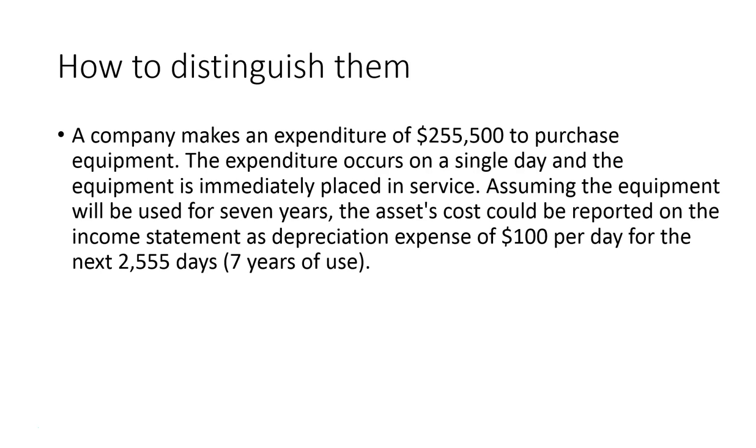Whereas at the fund level, where we're looking at the current flows of resources, both in and out, we're looking at that single payment, that single $255,500 check that was written, or the cash payment that was made. So full accrual, we worry about depreciation expense and the allocation of depreciation expense over time, so that accumulated depreciation. From the expenditure point of view, we're looking at that one single cash payment.